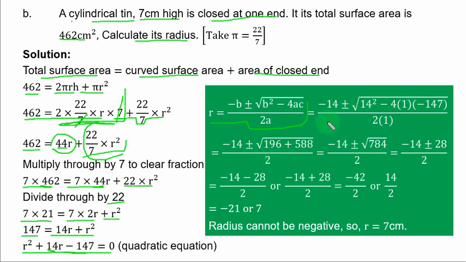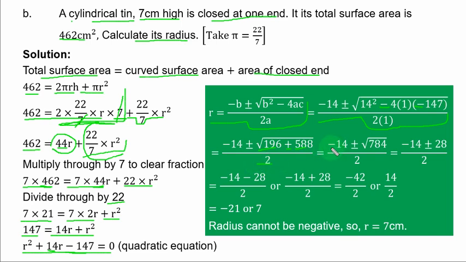So you insert all the values into the formula. When you simplify, you have minus 14 plus or minus square root of 14 squared is 196. Minus times minus is plus, and you have 4 times 147, that is 588, over 2. 2 times 1 is 2.